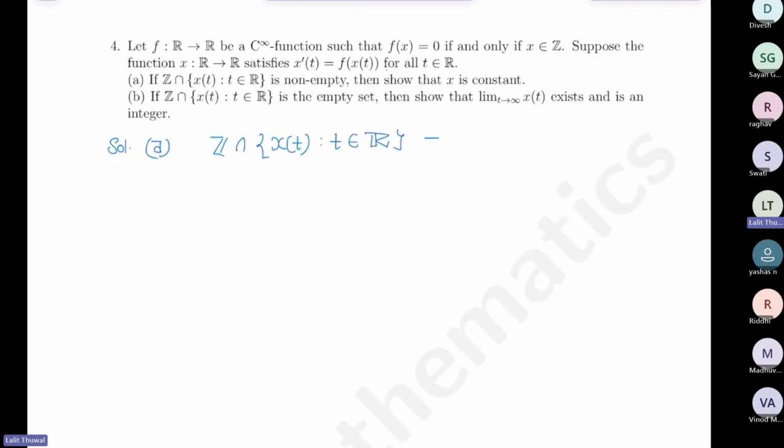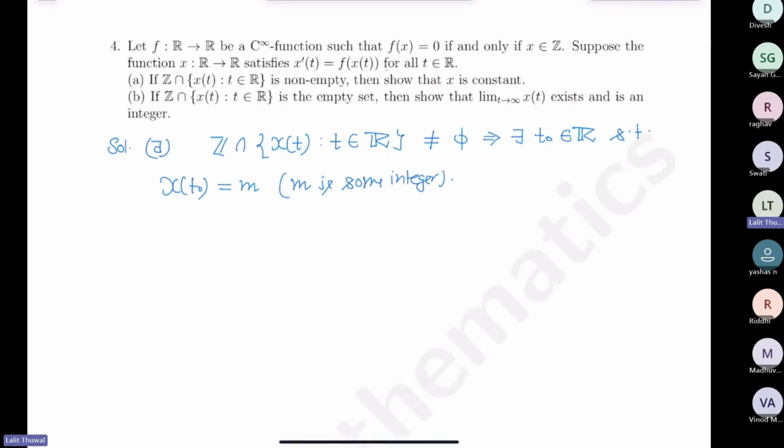This is not empty, right? So this implies there exists a t0 in R such that x(t0) is some integer, right? Is it clear?